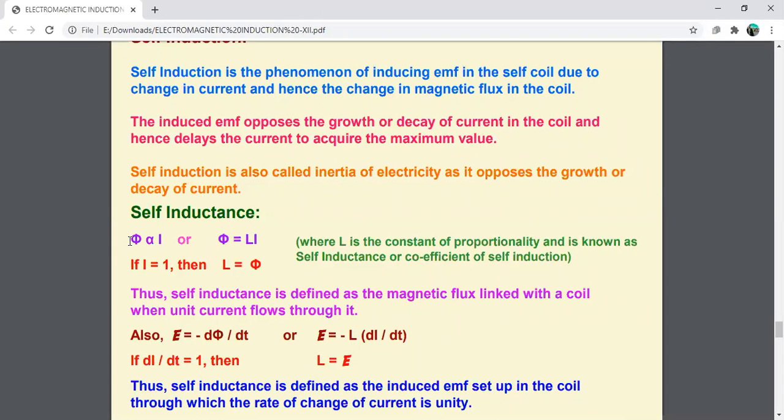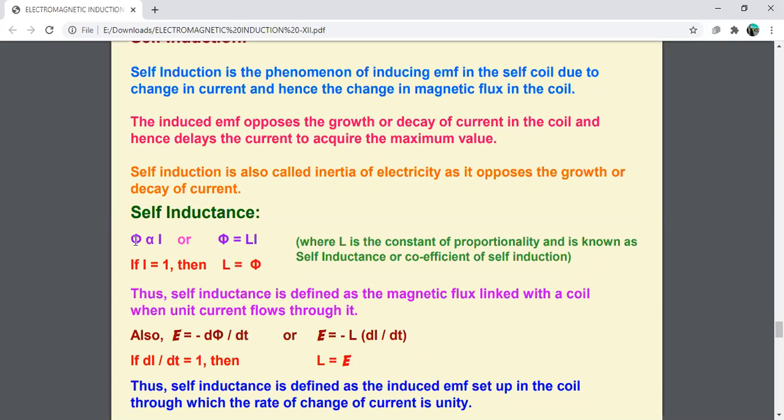Now placing the value of B as mu naught N i and A as pi r square, you will see that r is constant, the radius of the cylindrical solenoid, so the area is constant. So flux depends entirely on current, because everything else is constant: mu naught, N, and A. So only flux will depend on i.